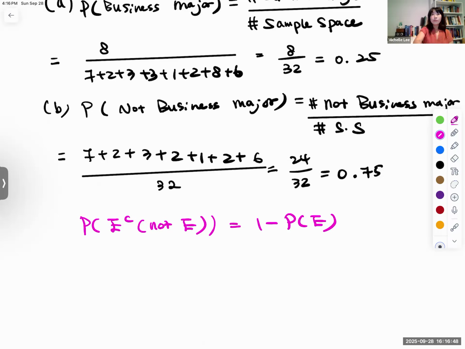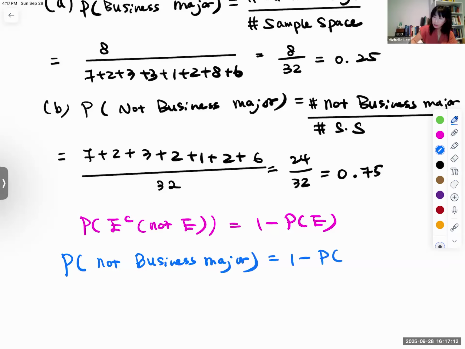Okay. So what is the probability of not business major? So it is 1 minus the probability of business major, right? Okay, there will be 1 minus.